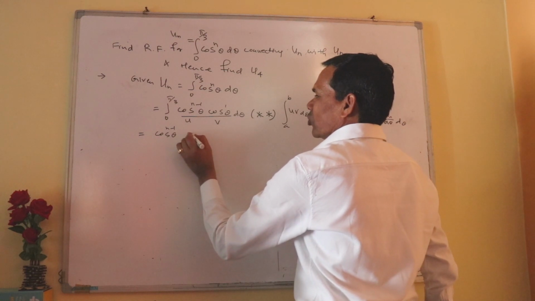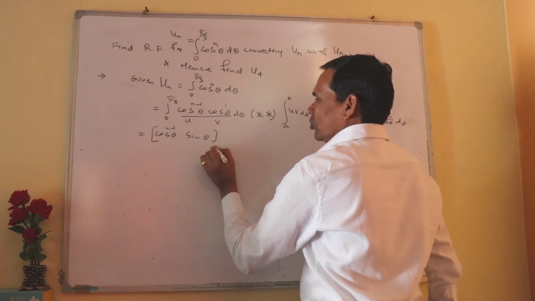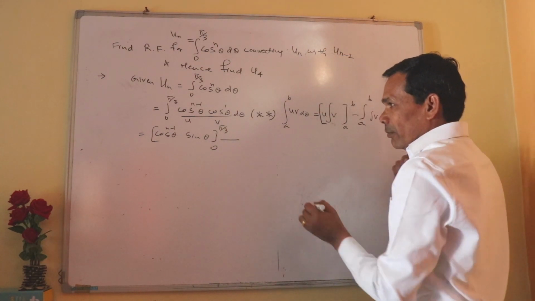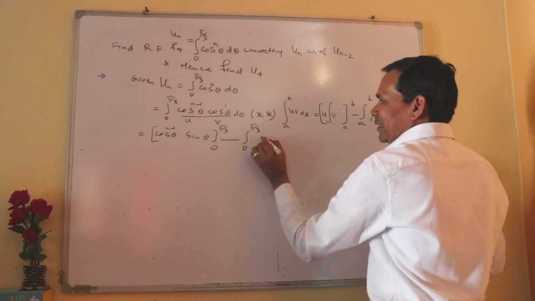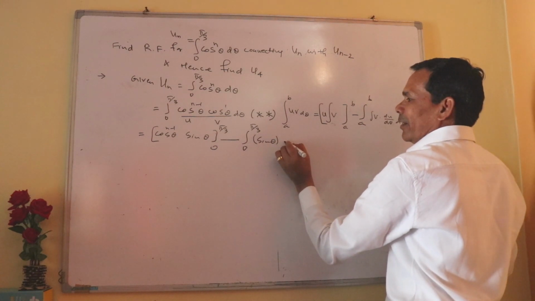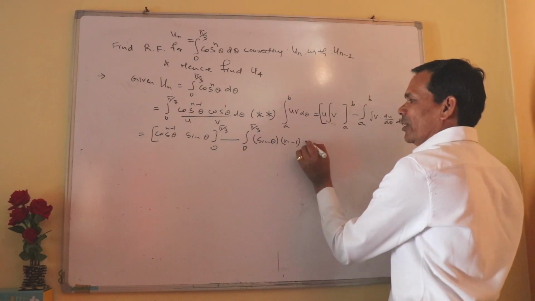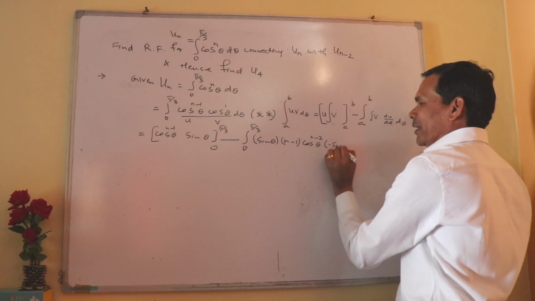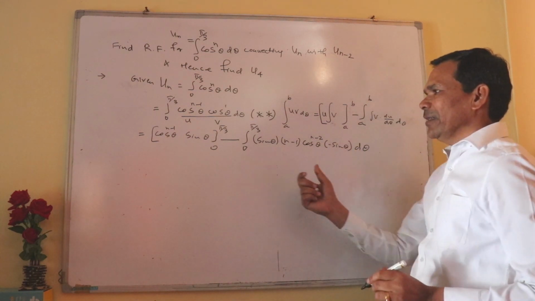Then the integration of cos theta is sin theta, with limits 0 to pi by 3, minus the integral from 0 to pi by 3 of sin theta as it is, because it is already integrated, and the derivative of the first function: n minus 1 times cos raised to n minus 2 theta into minus sin theta d theta. So we apply the limits there.